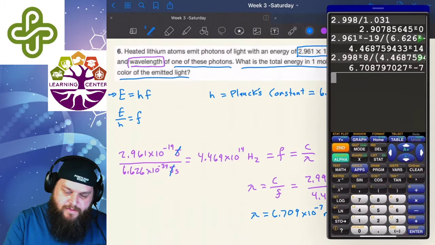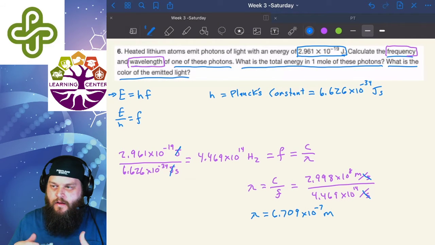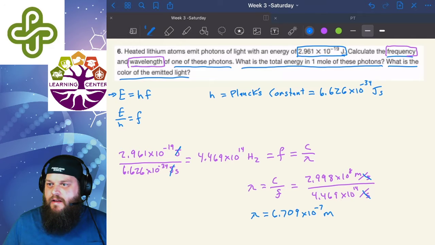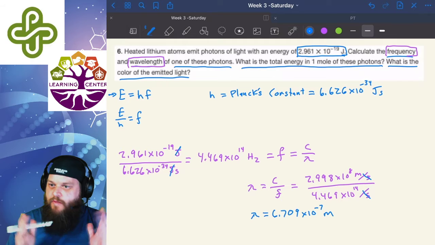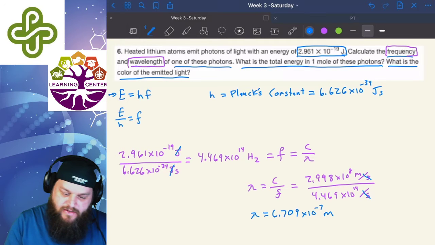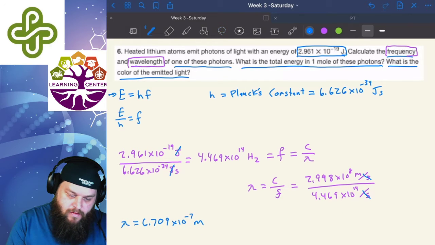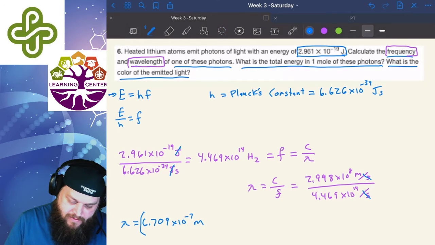And that's pretty small. We like to talk about wavelengths in nanometers, which is usually the common visible range and spectrum of things. So we want to convert this to nanometers just to be more consistent with what we talk about. To do that, I can use my dimensional analysis.